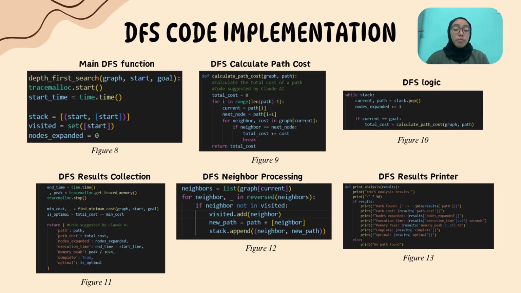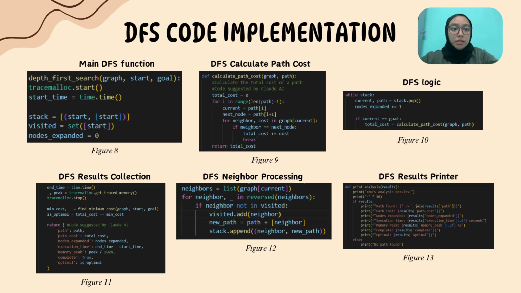And we are using the same performance tracking setup, such as the memory usage and the optimality, where we are comparing it with Dijkstra. Figure 9 shows the DFS calculate path cost. It is using the same structure as how we coded the BFS.